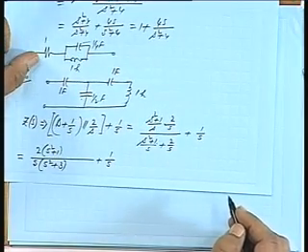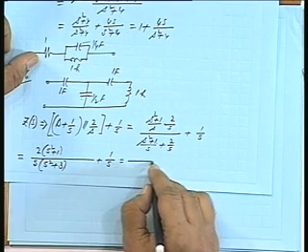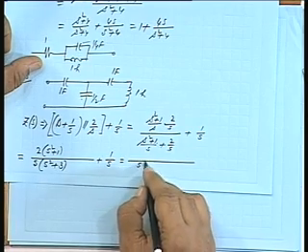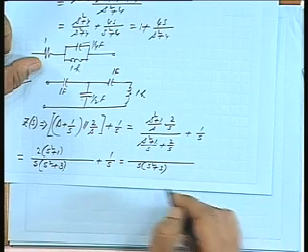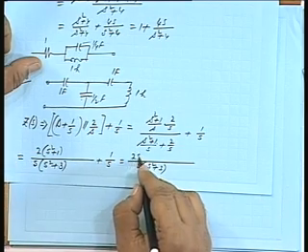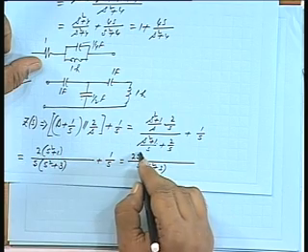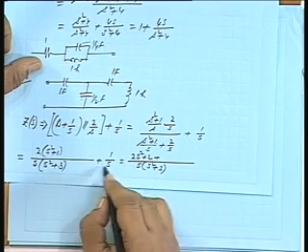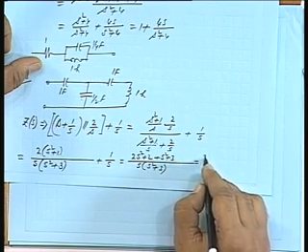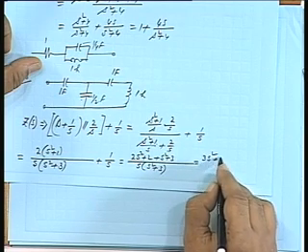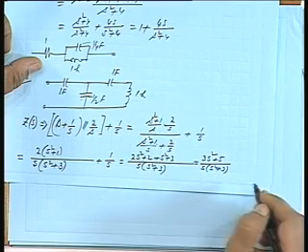Okay. So, how much is this? s into (s squared plus 3), okay, 2s squared, this is 2s squared plus 2, plus s squared plus 3, so that gives me (3s squared plus 5) divided by s into (s squared plus 3).